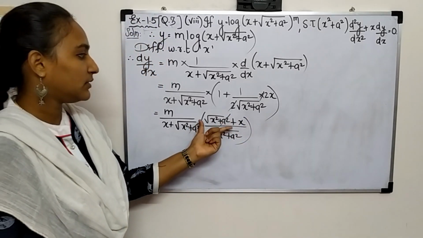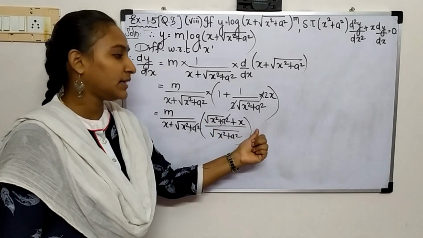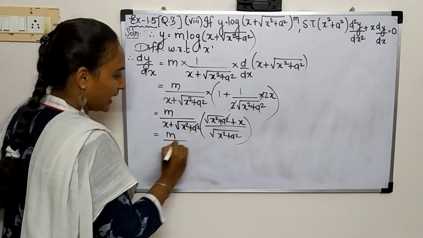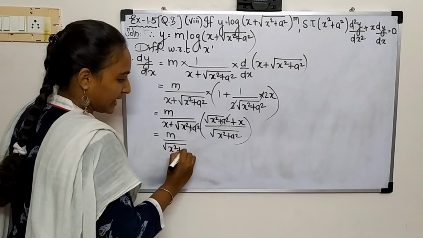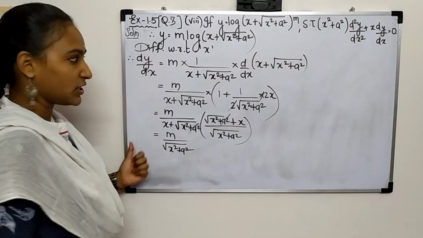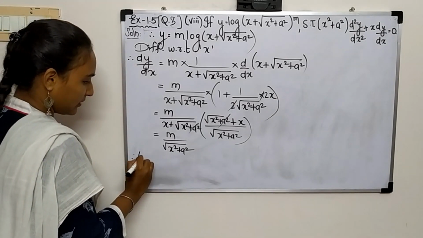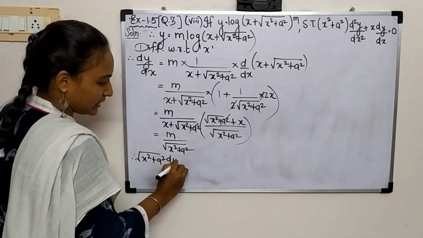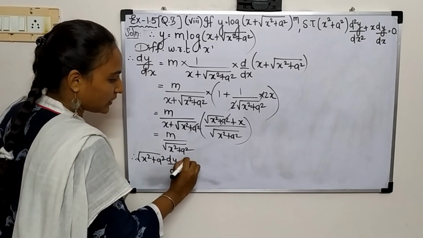So you can see that root of x square plus a square plus x is getting cancelled. So this is equal to m by root x square plus a square, cross multiply. Therefore, root x square plus a square dy by dx is equal to m.